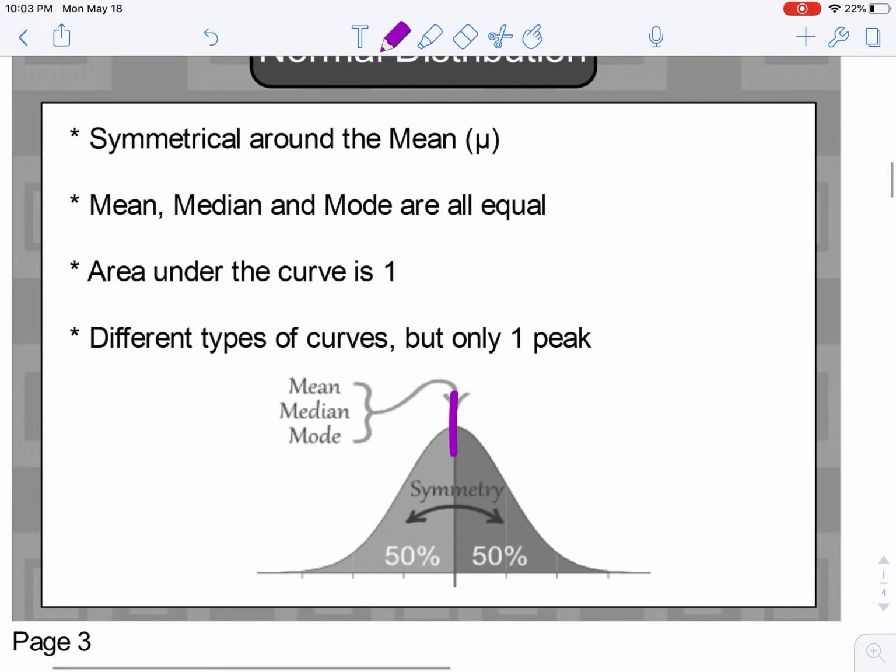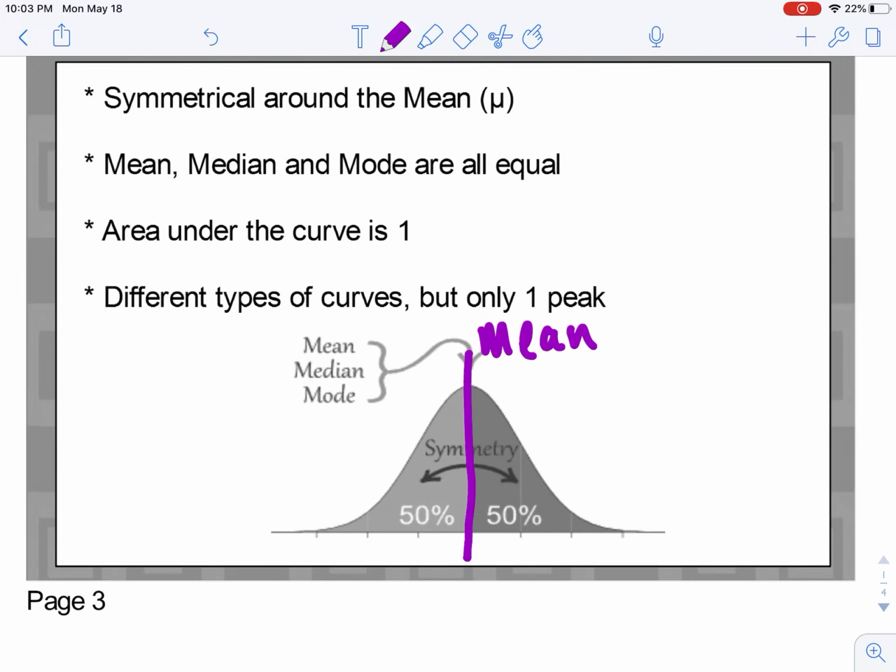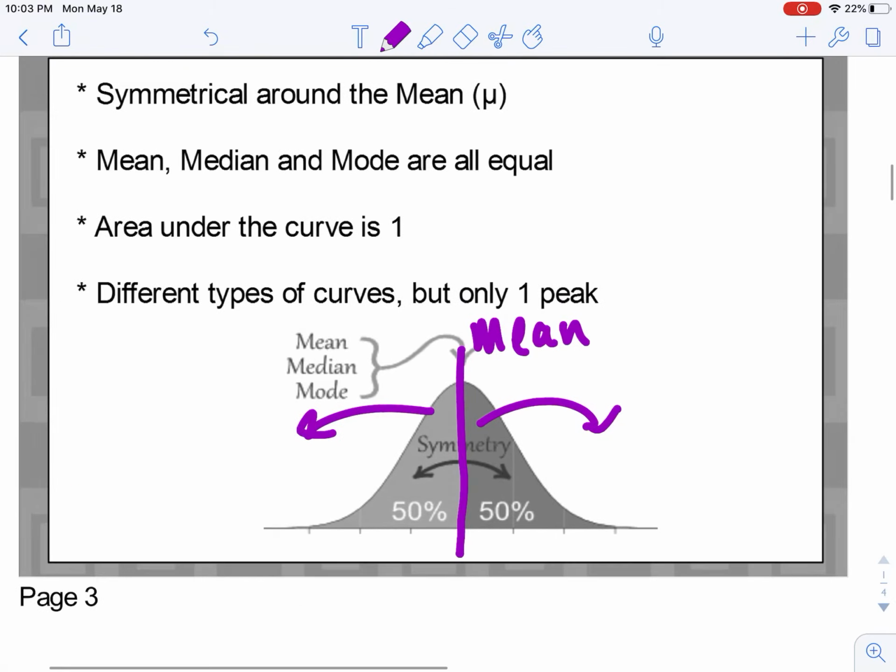This is the mean in a bell curve. It's also the median and the mode, but we don't need that. So 50% of the people are a higher number, and 50% of the people are a lower number. So it's exactly symmetrical. The same number of people on the low end are the same number of people on the high end.